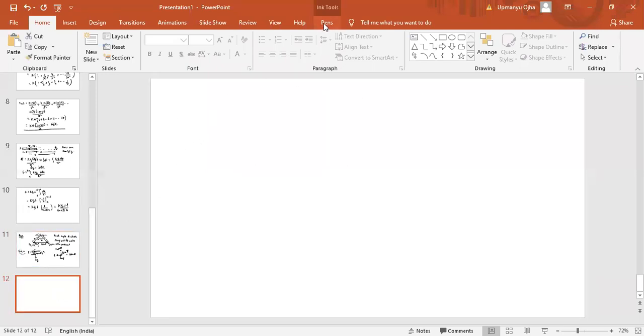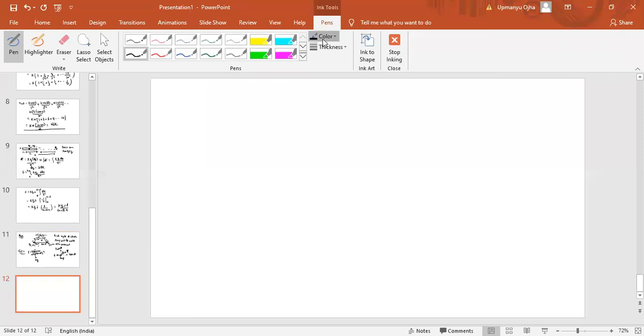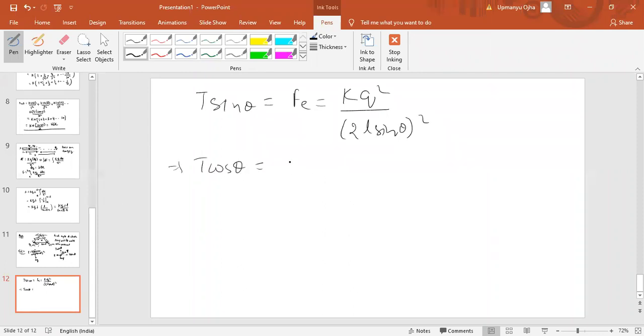T sine theta should be equal to the electrostatic force Fe, whose value is kq square by (2L sine theta) whole square. Another force is T cos theta, which is balancing the weight mg. If we divide equation number 1 by equation number 2, we get tan theta.